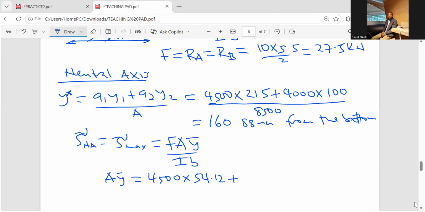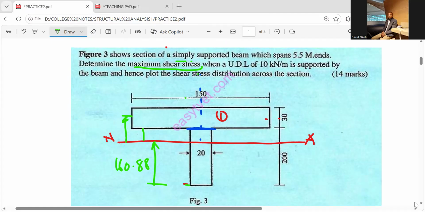Now let's come back here. What we are computing is the whole of this area above the neutral axis. I'm done with flange. For the case of web, the vertical dimension of the web above the neutral axis is 200 minus 160.88, which gives me 39.12.